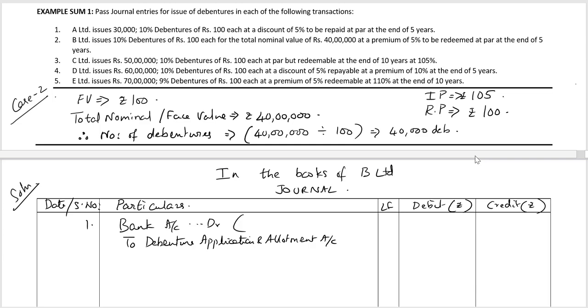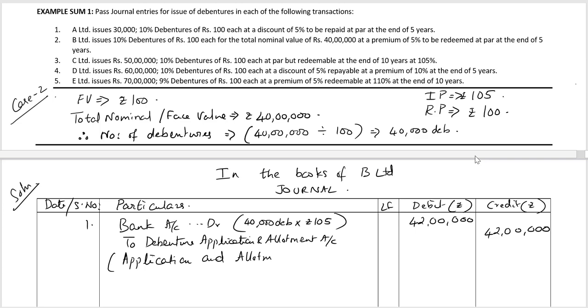The amount received, 40,000 debentures multiplied by the issue price per debenture, which is rupees 105, 42 lakh rupees. For application and allotment money received.